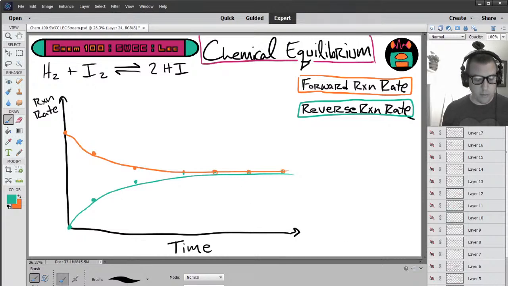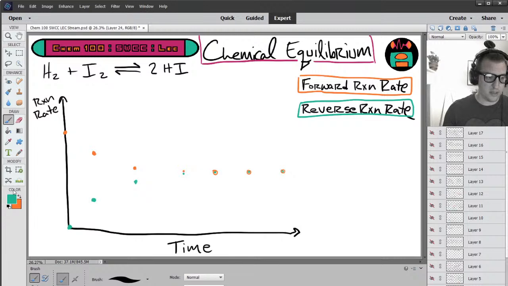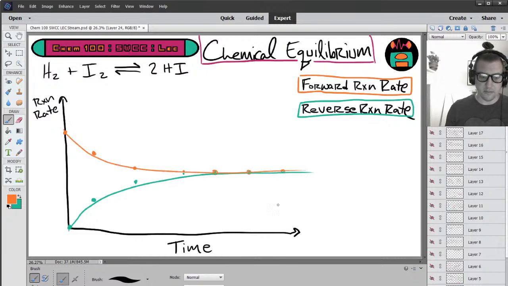And that moment, sorry, that was a little sloppy. Let me draw better asymptoting lines. That moment when that first happens, right here, this is where the forward reaction rate is equal to the reverse reaction rate.